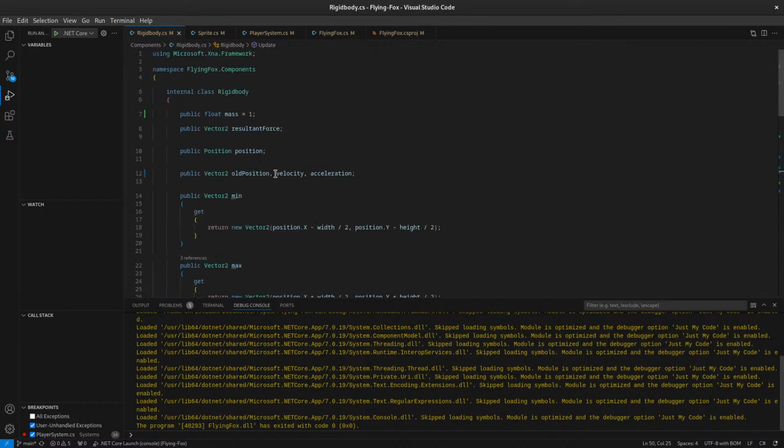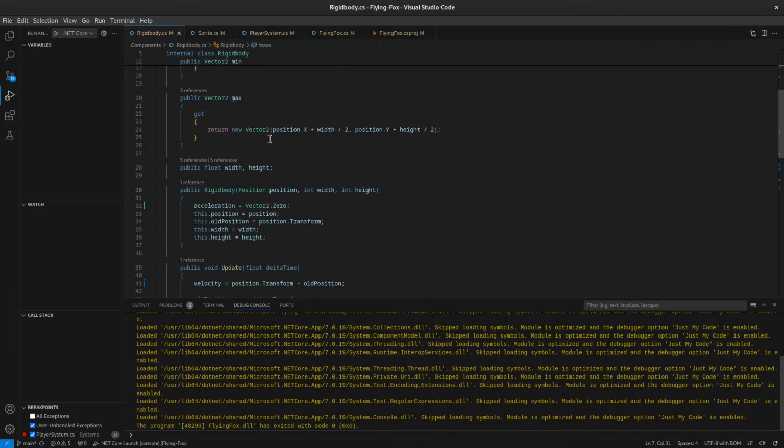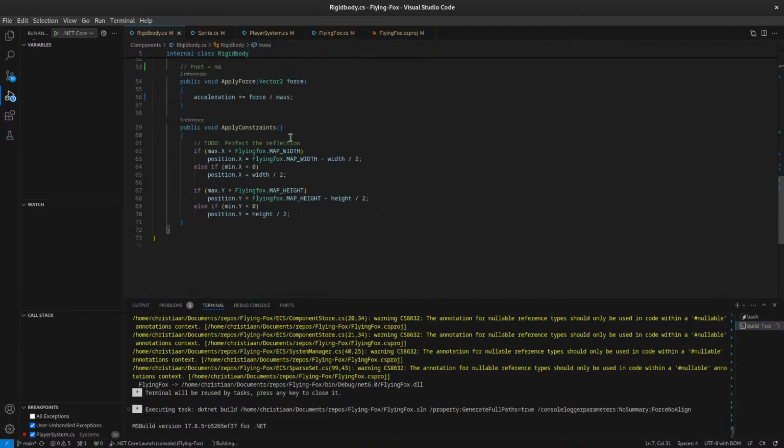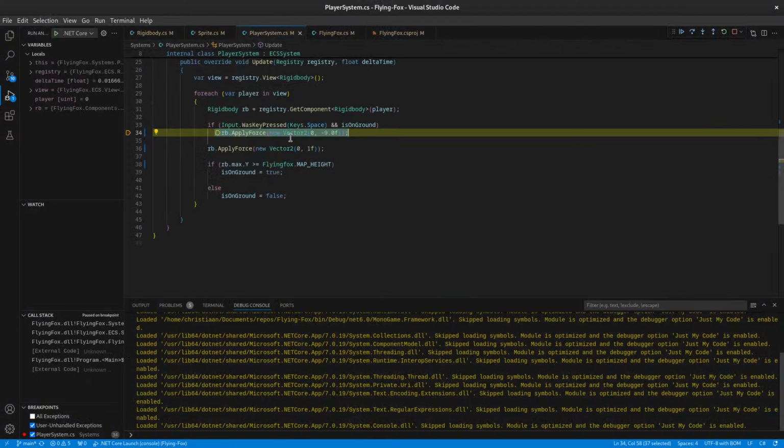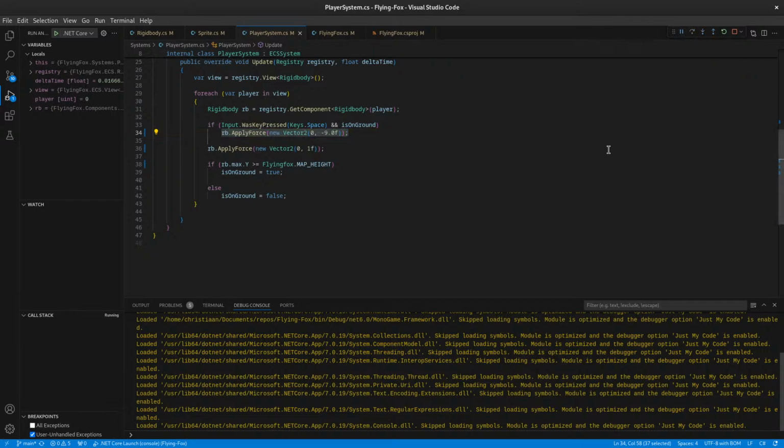We should actually remove resultant force entirely. There's another bug. Welcome to bug world. Let's go down. Try this again. There you go, your force is invoked. Move the breakpoint to see if it works. Yeah, there we go. Our little guy is moving. So that's the next part done.